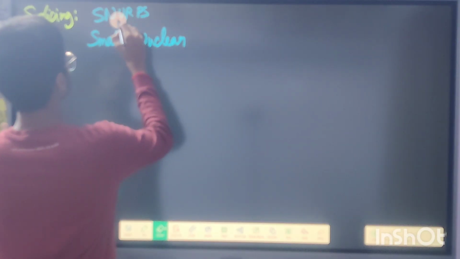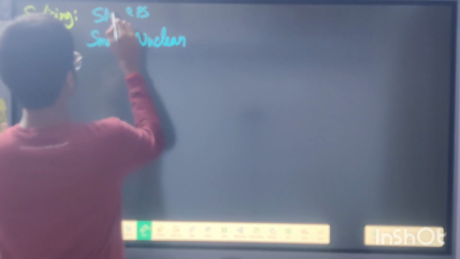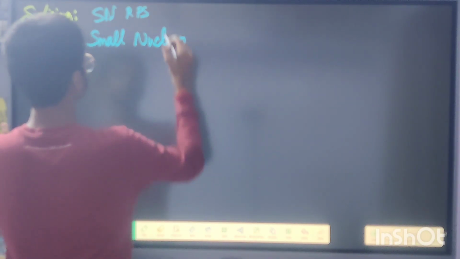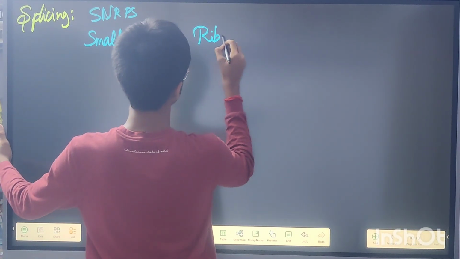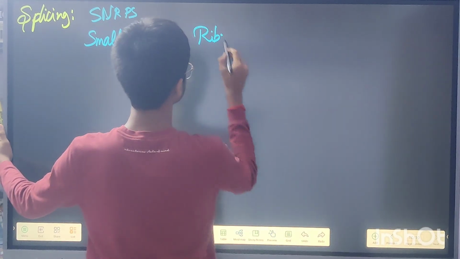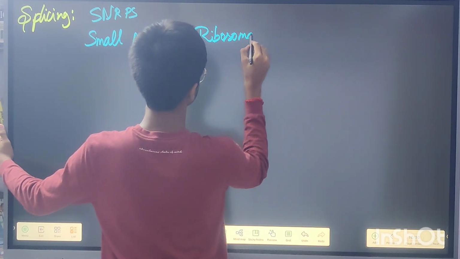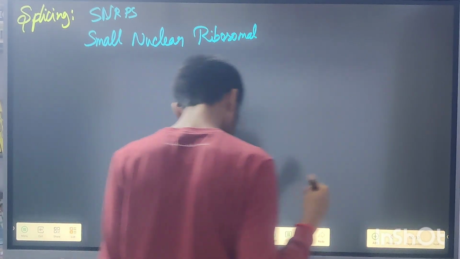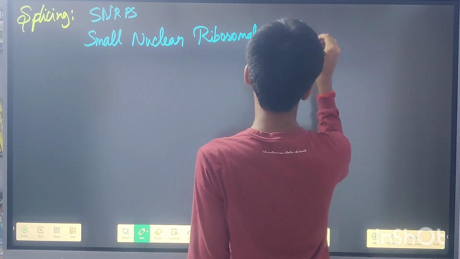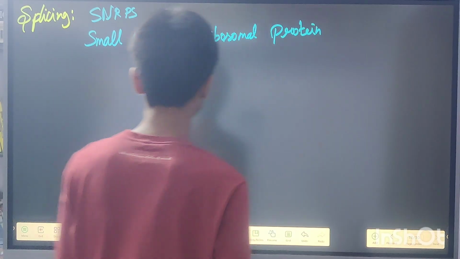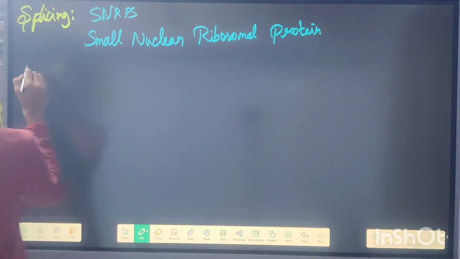Okay, U is not there, right? So small nuclear ribosomal protein. SNP is there.